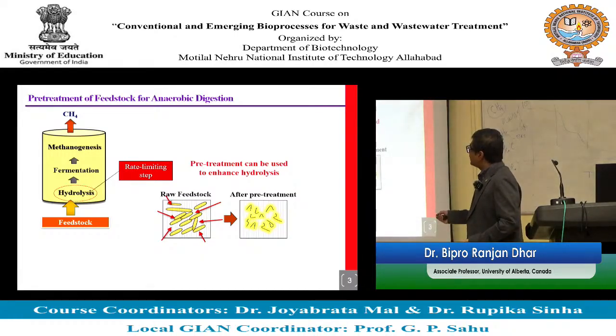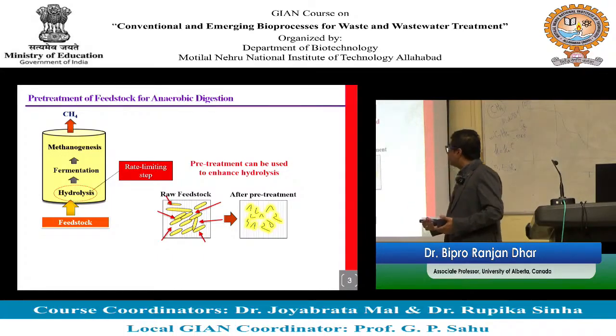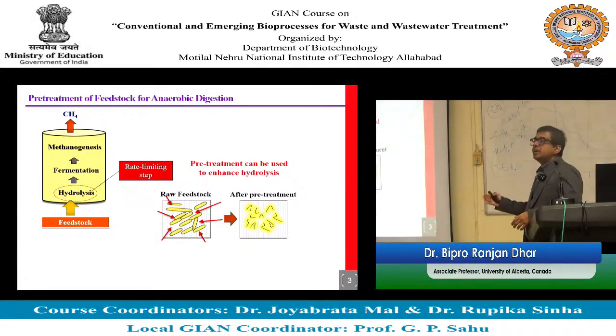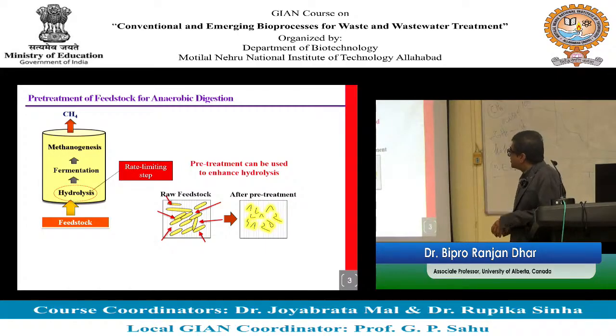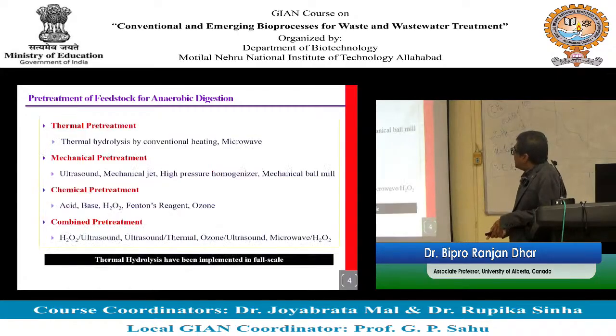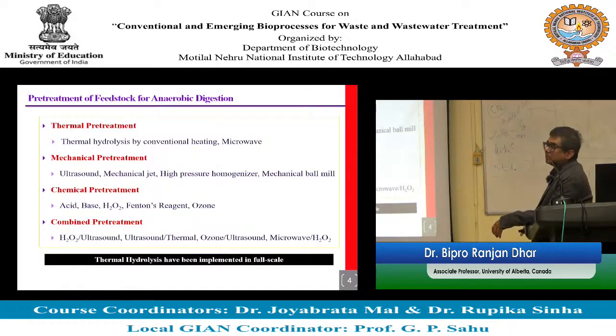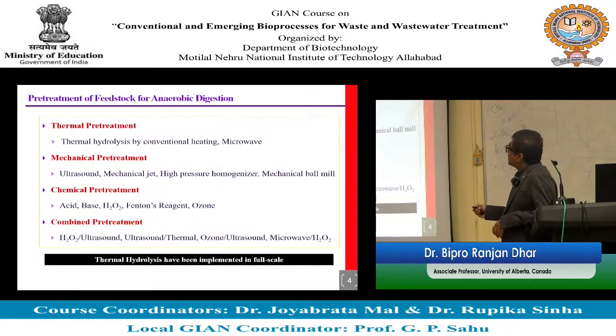With pre-treatment, you basically break down the particulate organics, solubilize them and release the organics into the liquid phase, so microbes can easily access them and convert them into methane by fermentation and methanogenesis. There are different techniques that we can use. Thermal hydrolysis by conventional heating and microwave, but conventional heating is much more popular. Microwave is still in the research phase.